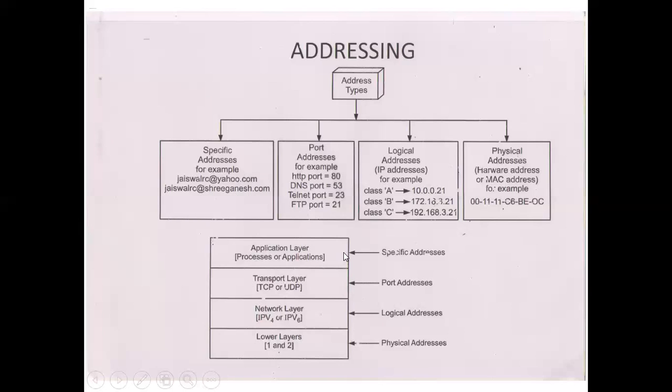Now, before coming to this slide in detail, I told you one thing: as far as office is concerned, only one address is there. As far as PICT college is concerned, only one address is there. As far as your home is concerned, only one address is there. But a data communication between two pieces, whether it is a part of LAN or a part of internet, always consists of four types of different addresses.